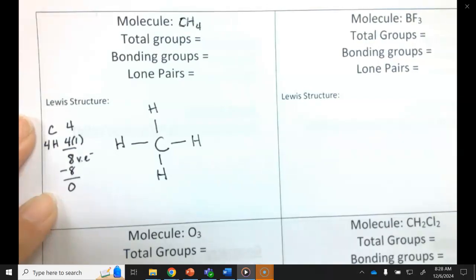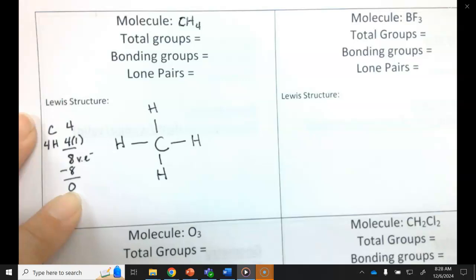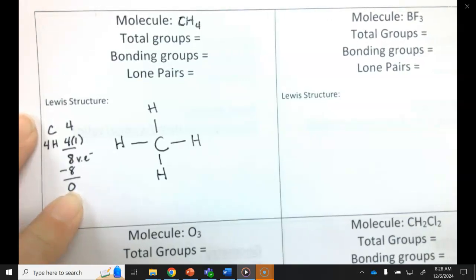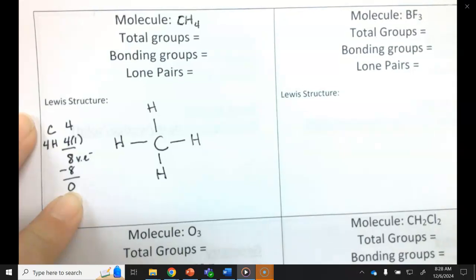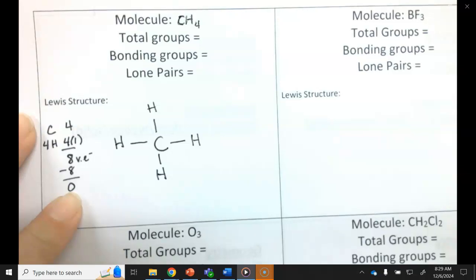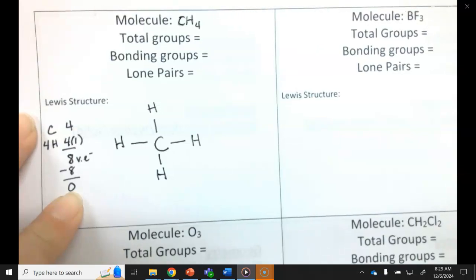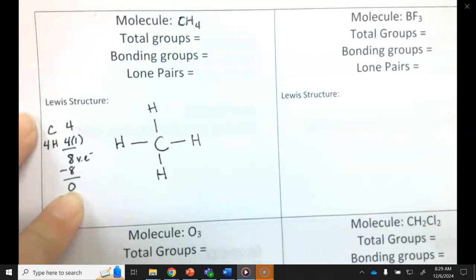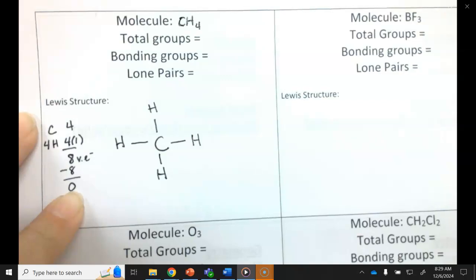In order to do the rest of this, I need to think about the number of areas of electrons only around my center atom. Remember, anything out on the outside atoms doesn't matter to the electron geometry. So an area of electrons is a bond or a lone pair, and we could also call that a group of electrons as well.